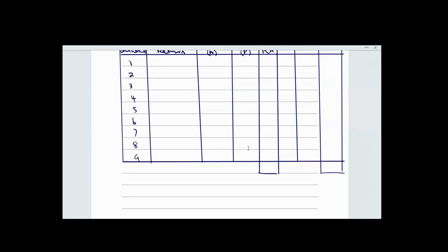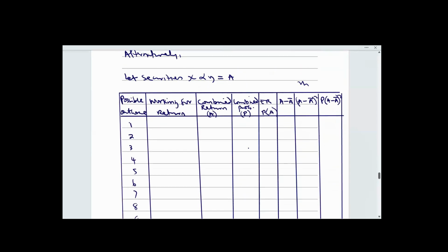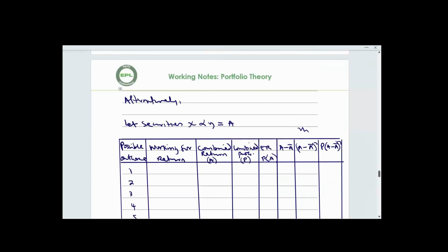So this will be the variance. This is the return of the portfolio, which is A bar. All right. Now pay attention to what I'm about to say. Let me bring it out so that it will be clearer to you when we are doing it.